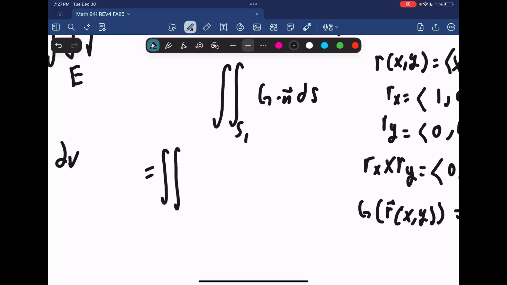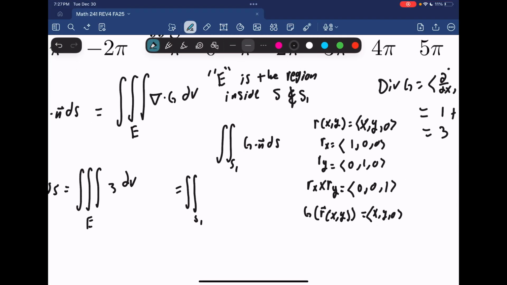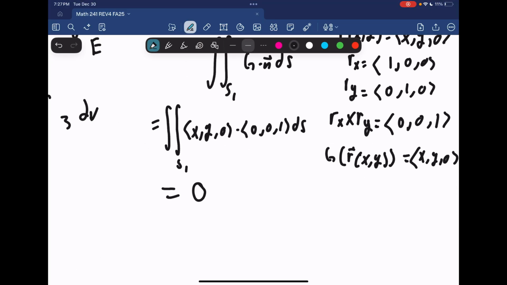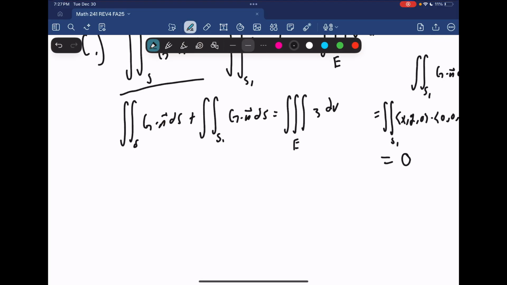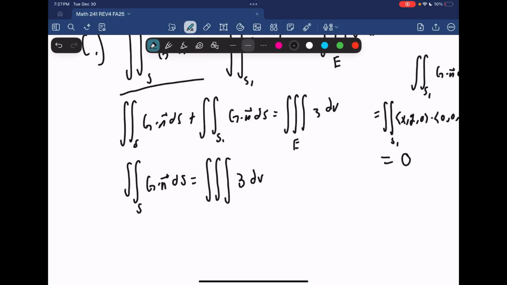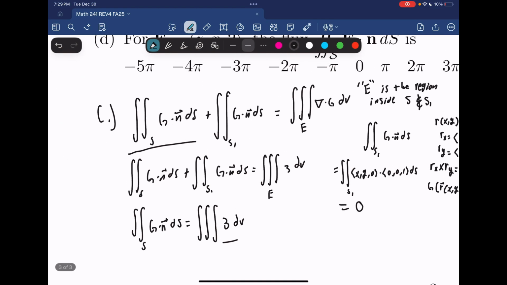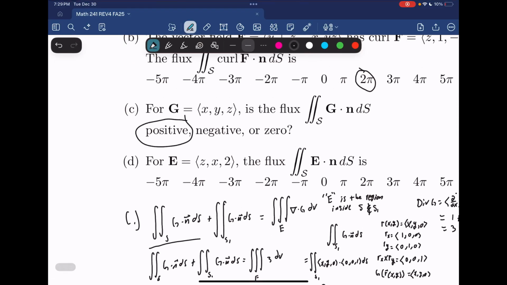So G dot n, we have x, y, 0 dotted with 0, 0, 1. This whole thing just equals 0. So since that's equal to 0, we now know that the integral over S of G dot N dS is equal to our triple integral of 3 dV. So now since we have 0 here, we basically have a positive now. So that tells us that this is going to be positive.